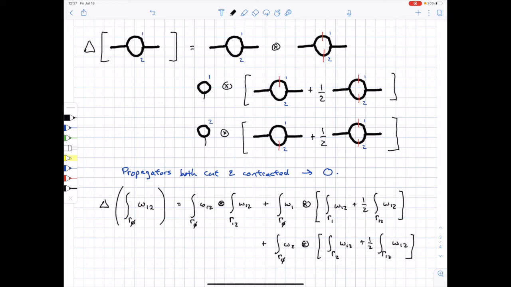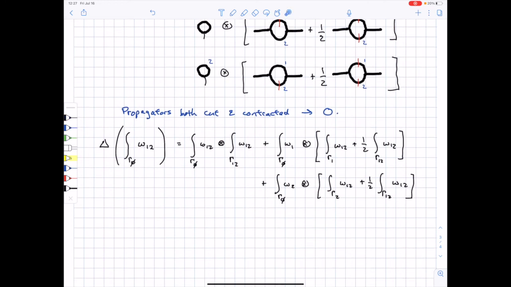Okay, now let's combine these terms a bit. We notice that here these terms are related inside the square brackets by having the same integrand but different contours. So let's just define a new contour. Let's define this linear combination of contours, because integration contours can be combined in linear combinations perfectly analogously to doing similar operations on integrands.